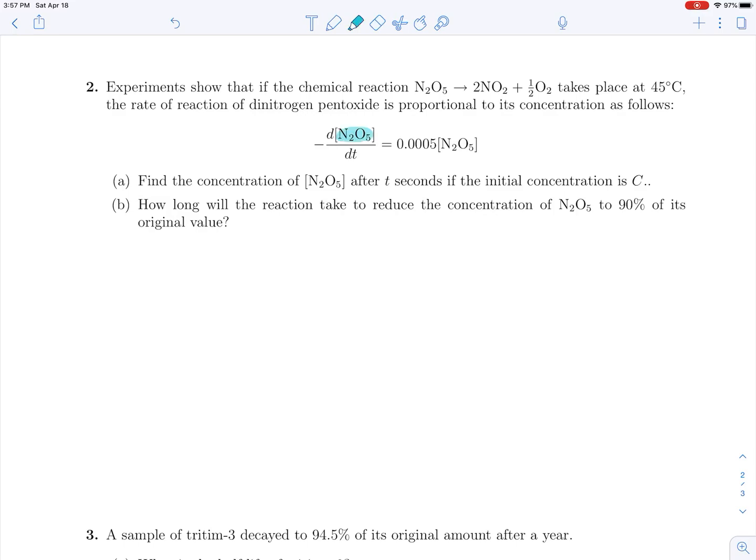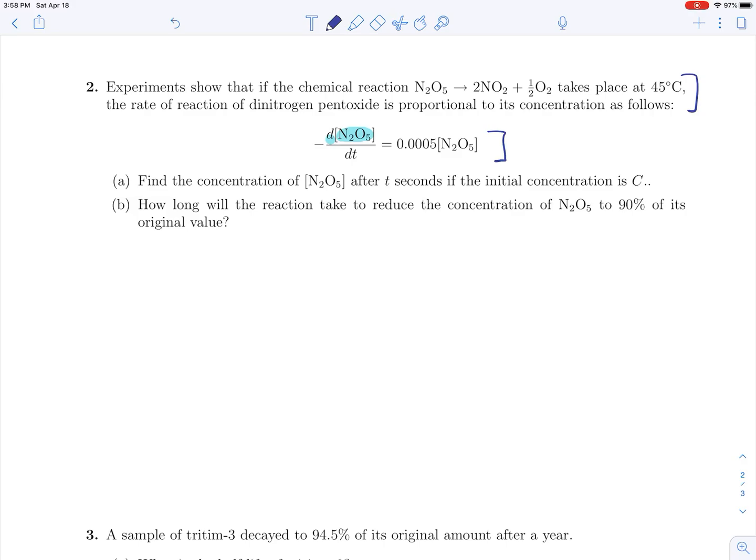This is our dinitrogen pentoxide, and we're taking the derivative. That's the rate of change. The rate of reaction is proportional to its concentration, and this is the rate, and that's why it's the derivative. So everything in this sentence is actually in this equation.